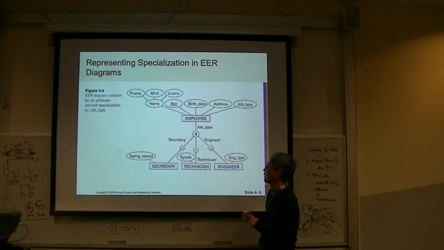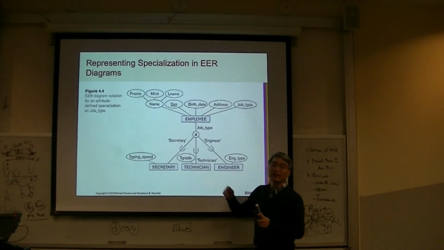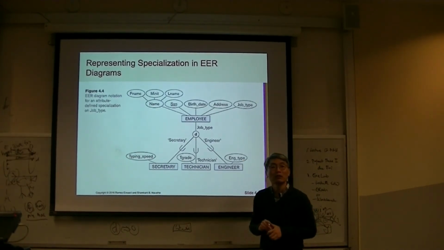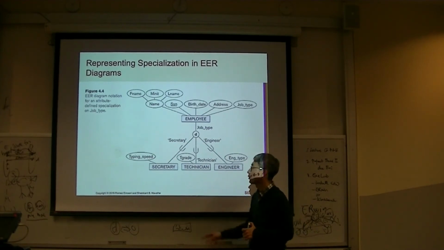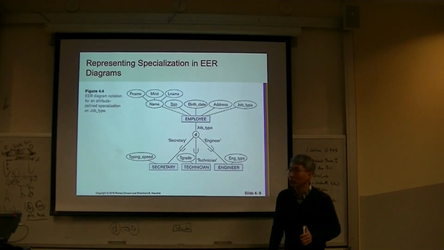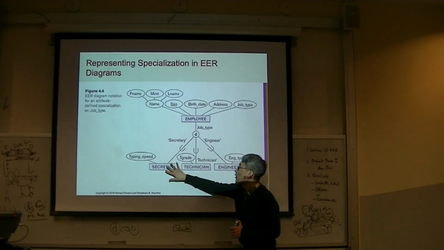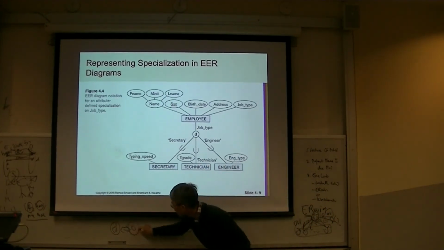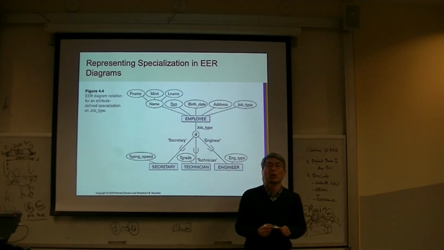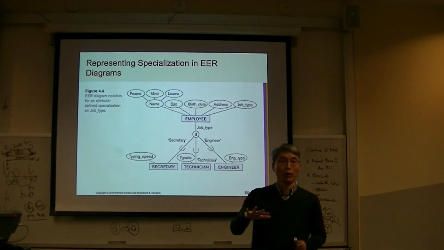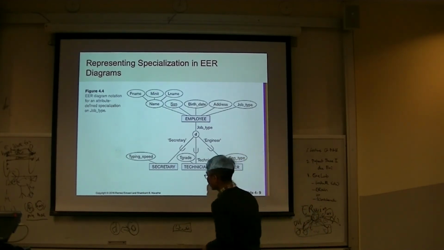Overlap allows secretary and technician. That may be possible. There are employees who work as a secretary as well as technician or engineer. If you allow such overlap, that is the O. O means overlap. So disjoint or overlap. That's one thing.